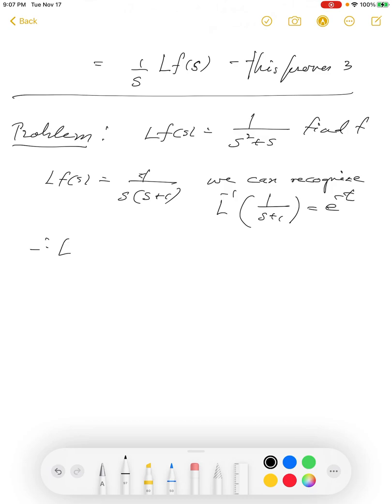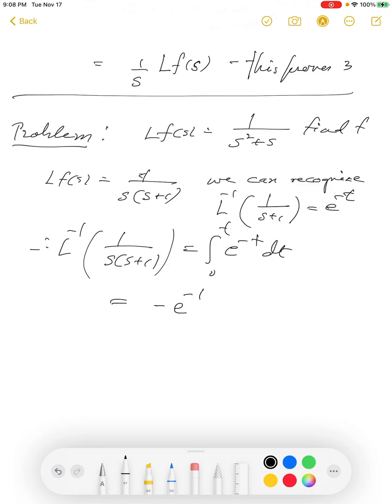So therefore, the inverse transform of 1 over s times s plus 1 will be the integral 0 to t e to the minus t dt. I should have actually used a variable tau here, but it doesn't matter. The integral of e to the minus t is minus e to the minus t, between 0 to t. So it's going to be minus e to the minus t minus minus e to the 0, which is 1.